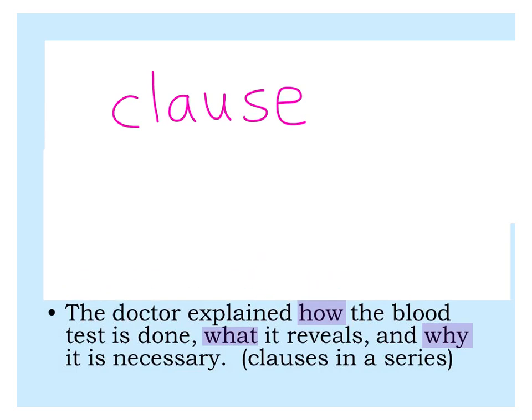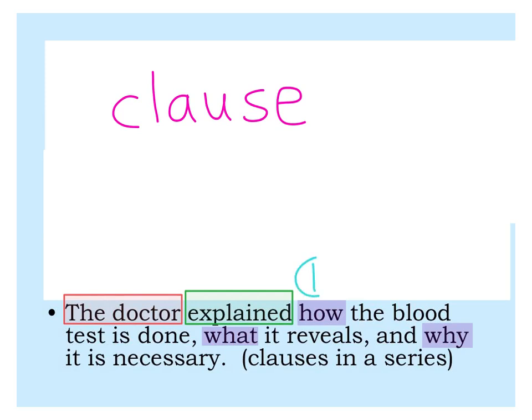The doctor explained how the blood test is done, what it reveals, and why it is necessary. So first we can find the subject of our sentence. That's the doctor. What is the doctor doing? He is explaining something. That means he is telling us about something so that we can understand it better. And he is going to explain or tell us about 3 different things. What do you think those 3 things are?